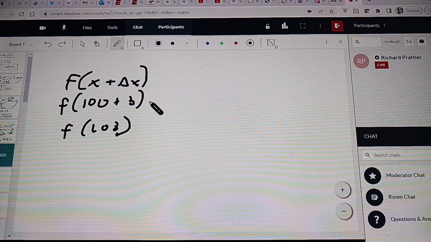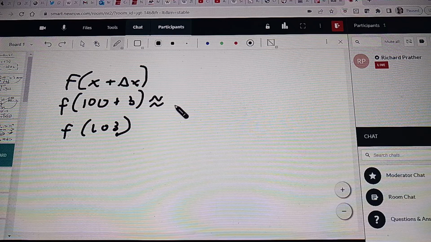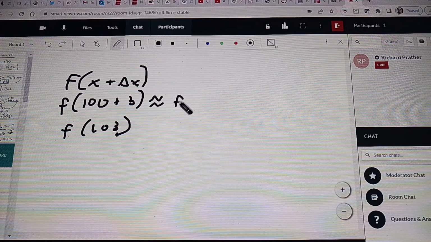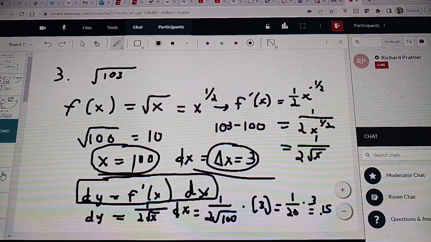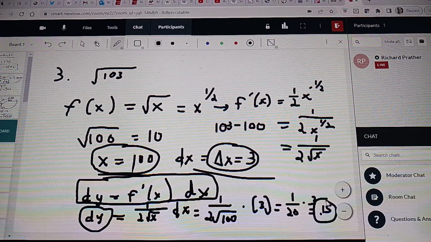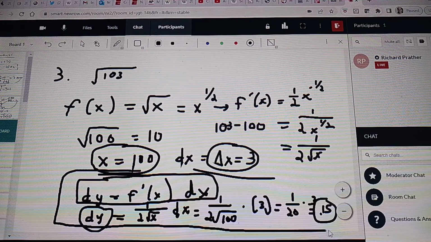And then this will be an approximation. So it's f of x plus, see, this is what it is. Yeah, I just found the dy. dy is 0.15. That's the part that's like problems 1 and 2. So this was like problems 1 and 2.